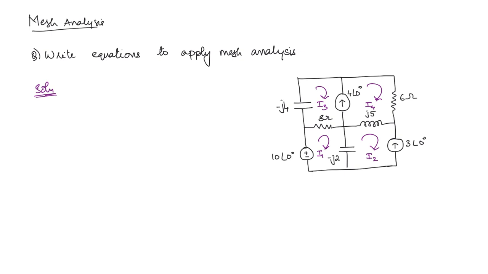So the KVL for mesh 1 and 2 will be straightforward. No problem there, right? So what will be the KVL for mesh 1? 10 angle 0 degrees is equal to (8 minus j2) into I1 minus 8 times I3 minus (j2) times I2. What we did?